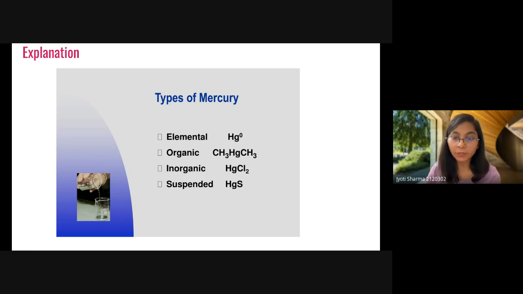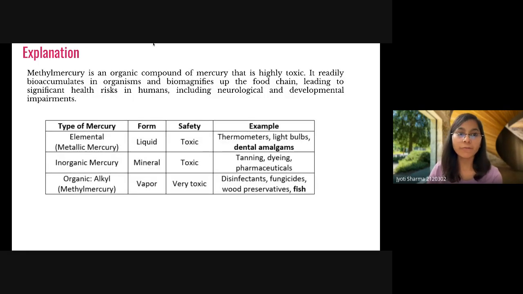But if we are talking about the most toxic form, then just see here, if we do have elemental mercury, that will be liquid in nature, and it is toxic in nature, no doubt. And this mercury will be used in thermometers, in light bulbs, and even in dental amalgams.